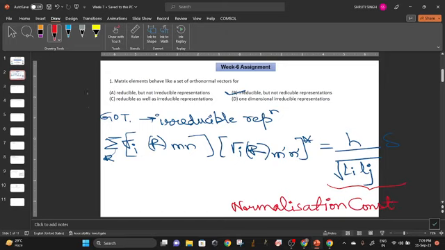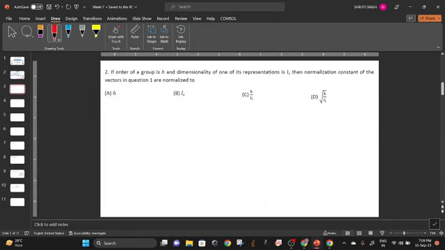This is for two representations. So if both are same, the normalization constant will be under root h by li.